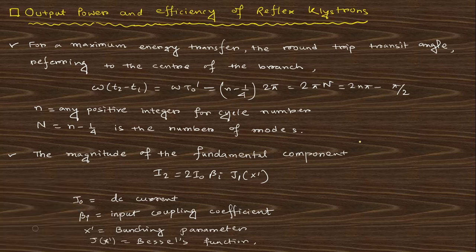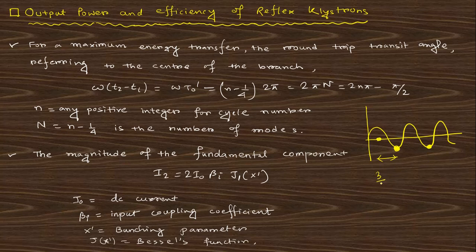How? When this bunch of electrons comes to this cavity, the electrons need to interact at that phase. For that phase you can take the reference here, this is the reference point. So this is nothing but 3 lambda by 4, and you can take it in terms of pi.